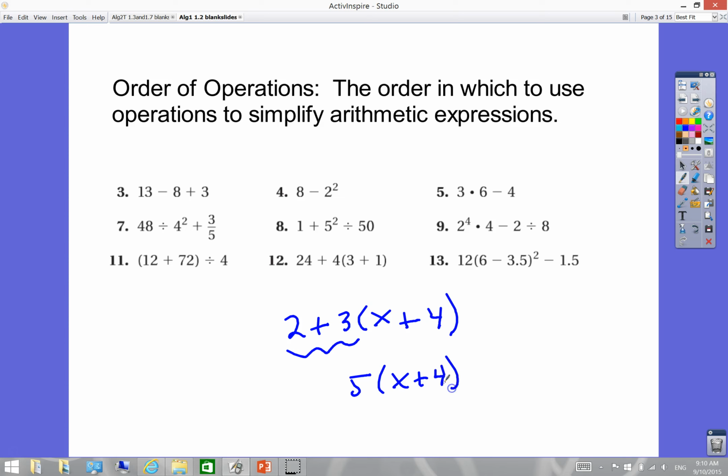And order of operations would tell us, no, you don't do that. You would do this multiplication first, which means you would do the distributive property, and then possibly you'd have something to add. But unless you've got a really strong understanding of the order of operations when we do it with numbers like we're doing it today, you'll have problems later on when we do it with algebraic expressions.